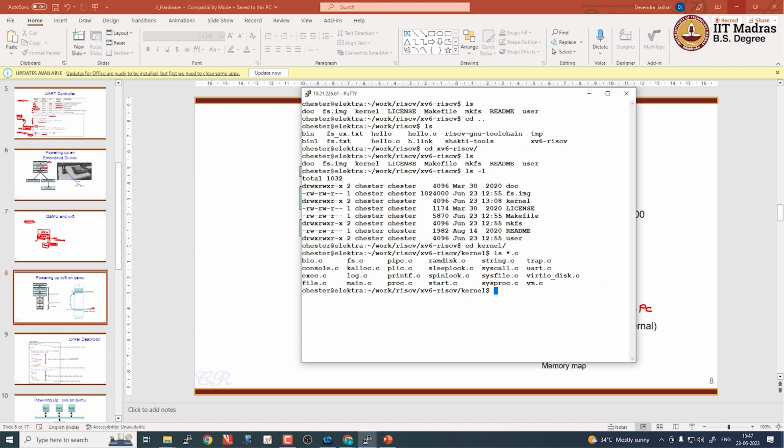But in addition to this, you would also have some assembly code, so there are a few assembly files which are also part of the kernel. This entire thing is the source code of the kernel, and here is a makefile.